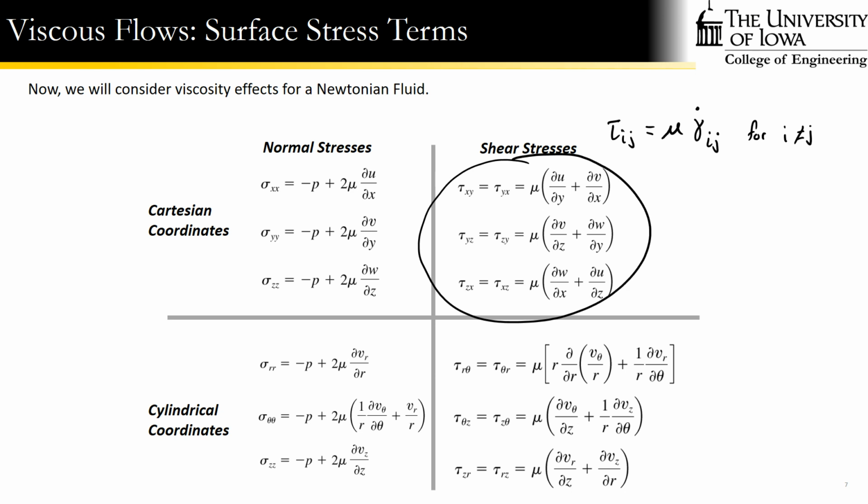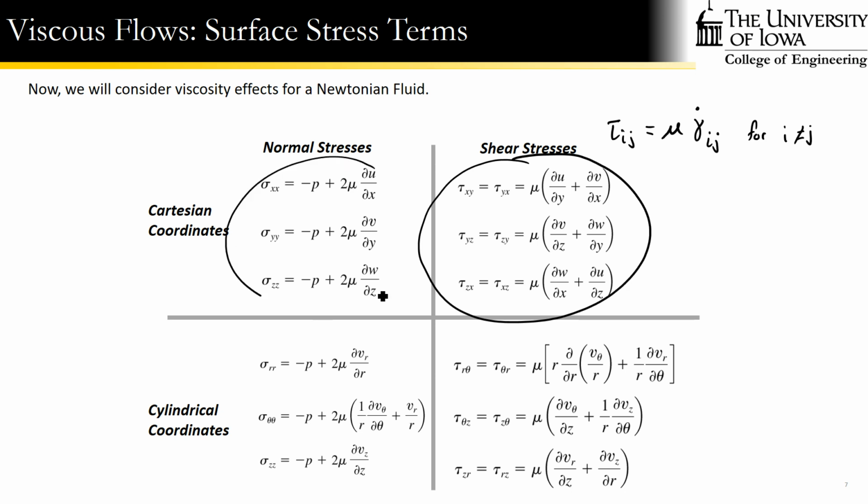The normal stresses have that viscous component here, but they also have that pressure, because there are really two things that are pushing and pulling on a fluid element. One comes from that viscosity, and the other comes from the inviscid pressure influence.